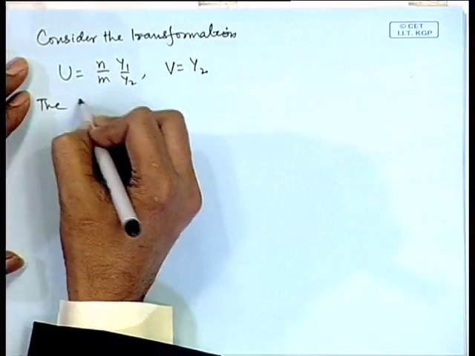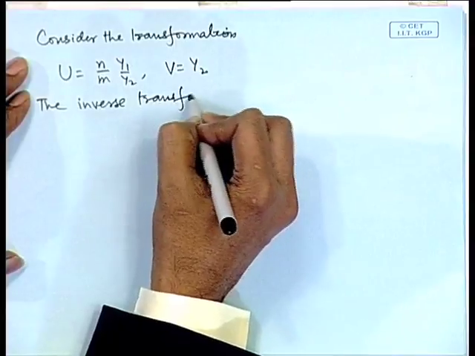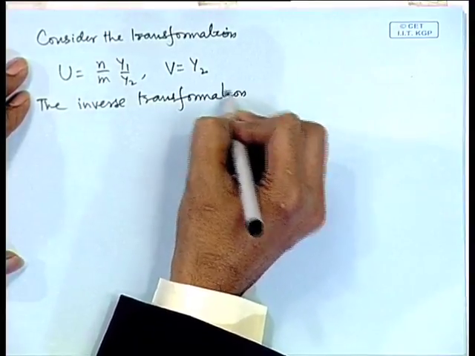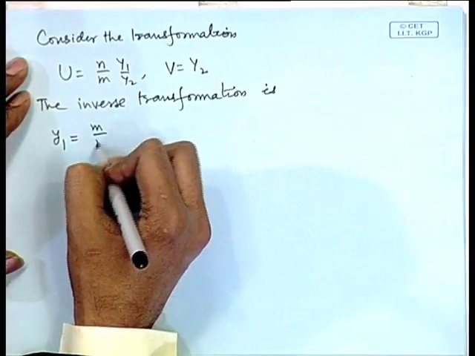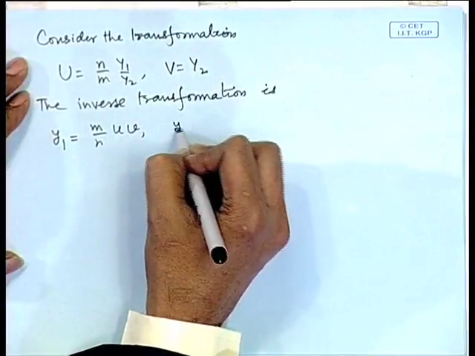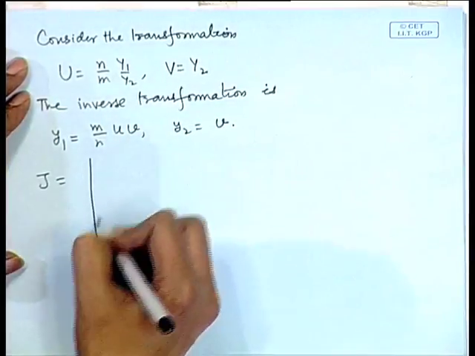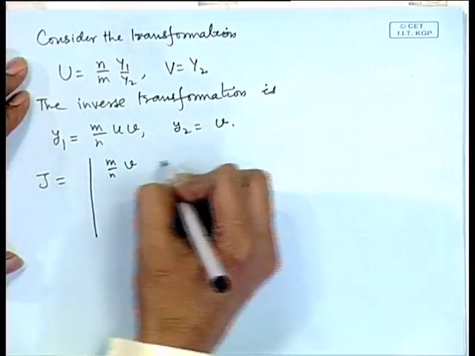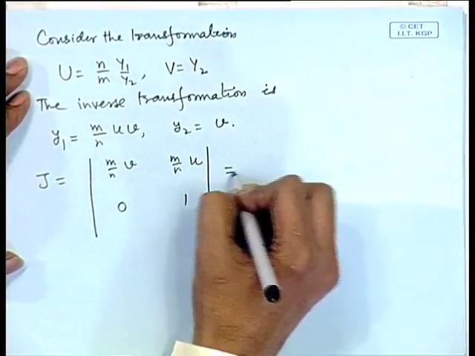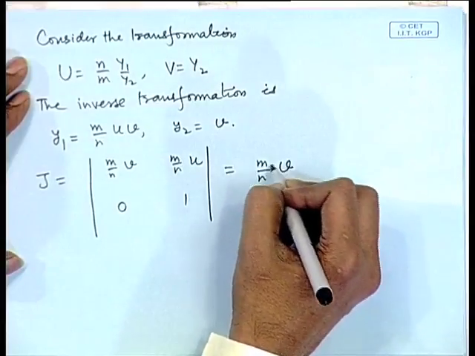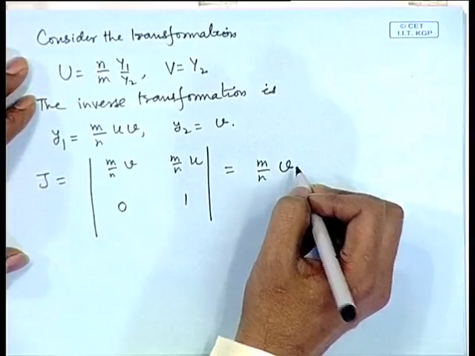So, the inverse transformation is y 1 is equal to m by n u v, y 2 is equal to v. The Jacobian of the transformation can be calculated as m by n v, m by n u, 0, 1, which is basically m by n v, and since the terms are positive, the absolute value of J will also be the same.